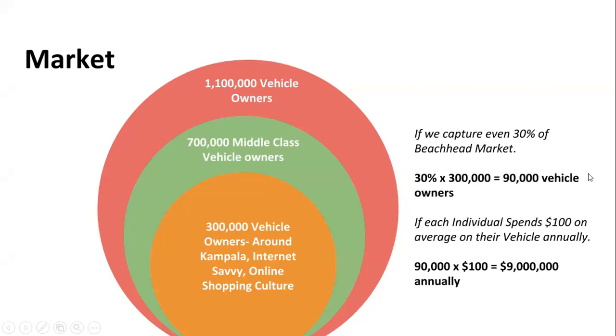Here on market, usually people really want a lot of examples, so I thought it's better to share more. Here they are targeting 300,000 vehicle owners around Kampala. If they get just 30% of this 300,000, that means they will have 90,000 vehicle owners. And if 90,000 spend at least $100 buying from their platform every year, they'll be making 9 million annually. So that is how you present your market slide.